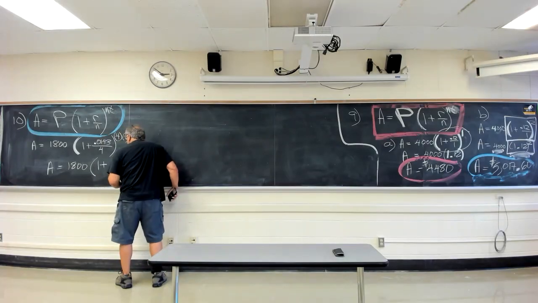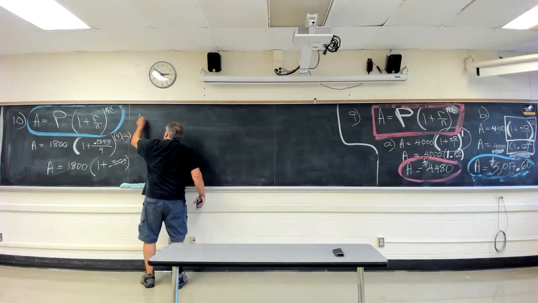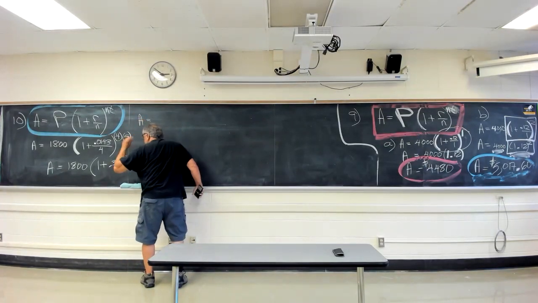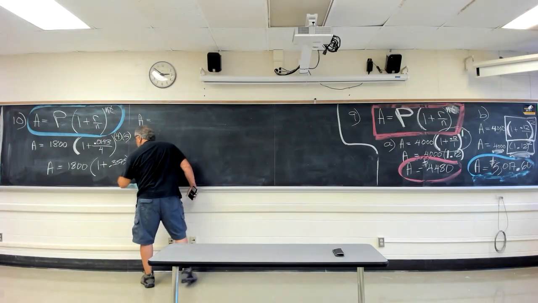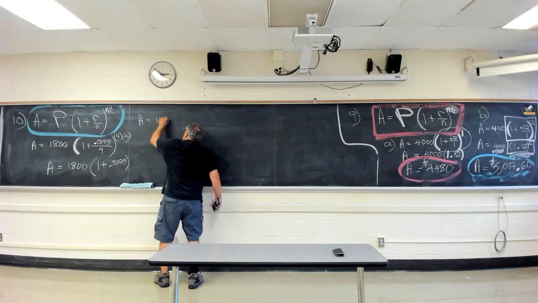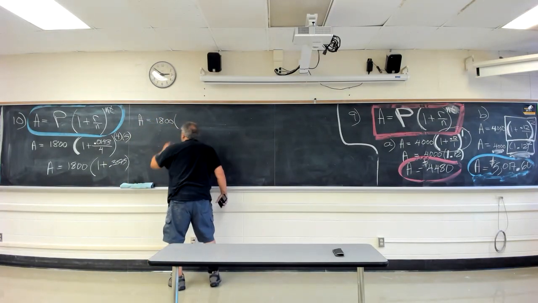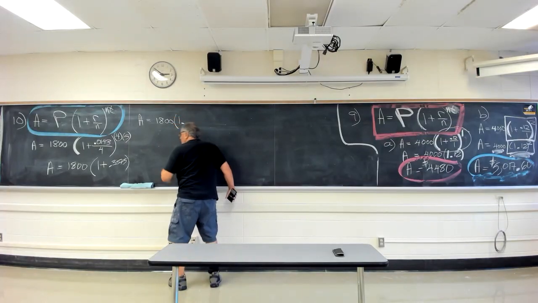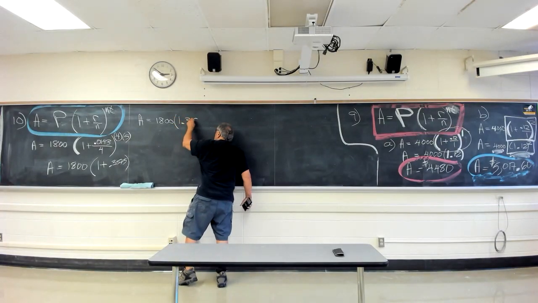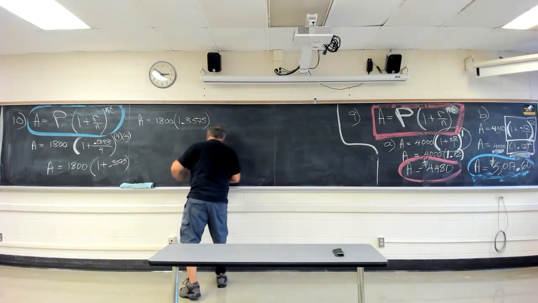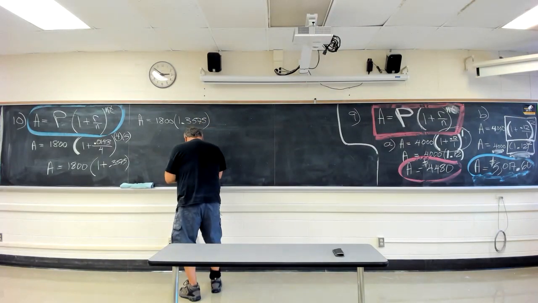So 0.3575 is where this is coming from, and then it comes out here. Again, you don't have to do this. I'm doing something I don't need to do. If you want to try to do it in your head, go ahead. At the end of the day, make sure you're confirming that this actually works. So let's see what we got here.